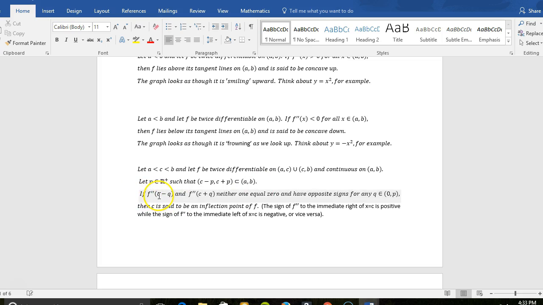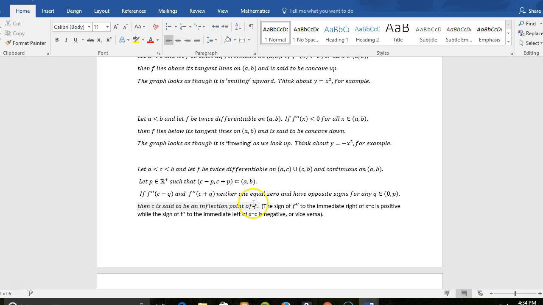Now, if f double prime of c minus q and f double prime of c plus q neither one equals 0 and have opposite signs for any q between 0 and p, then c is said to be an inflection point of f.